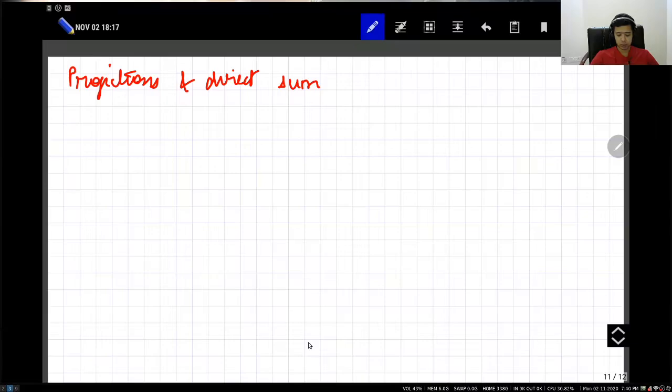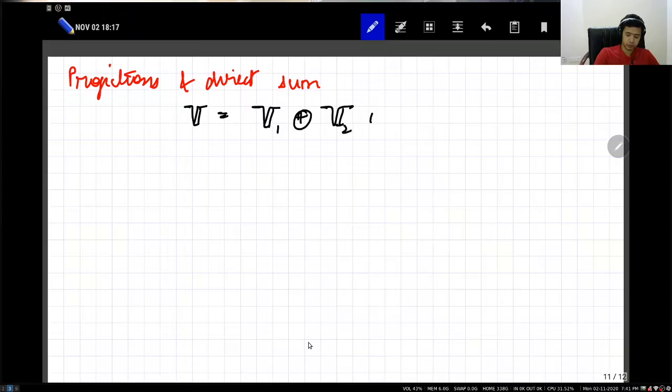But really, what is the connection between projections that we've just discussed and direct sums of subspaces that we've seen earlier, right? So let's suppose that the vector space V can be written as a direct sum of subspaces V1, V2, so on, Vk. So we have this direct sum decomposition of V into subspaces V1, V2 up to Vk, right?